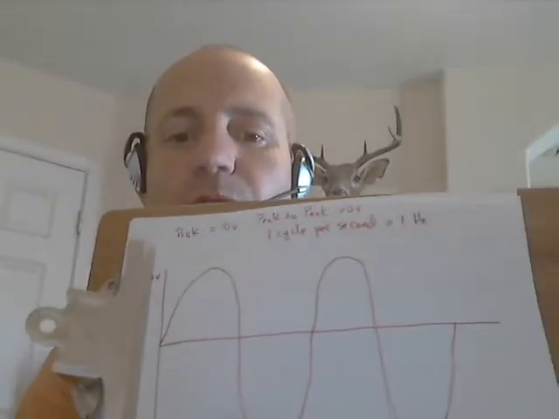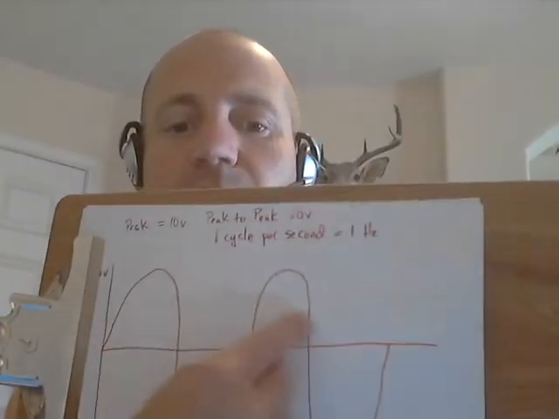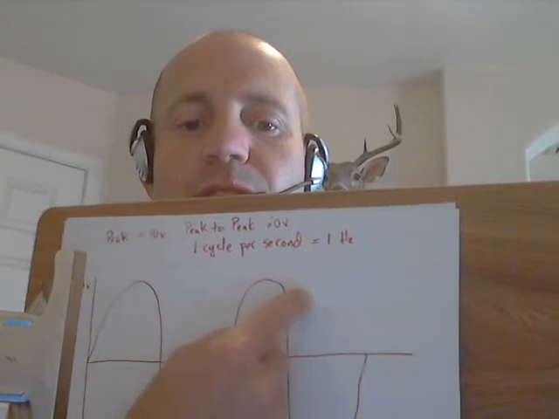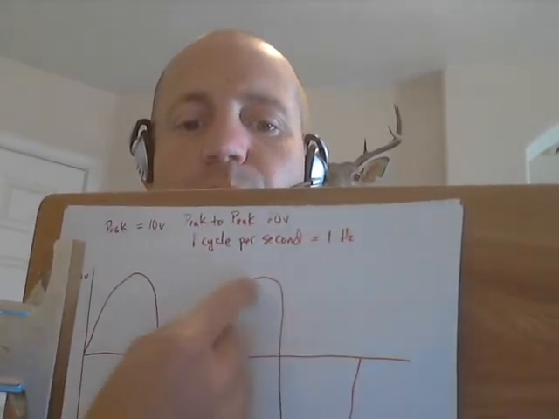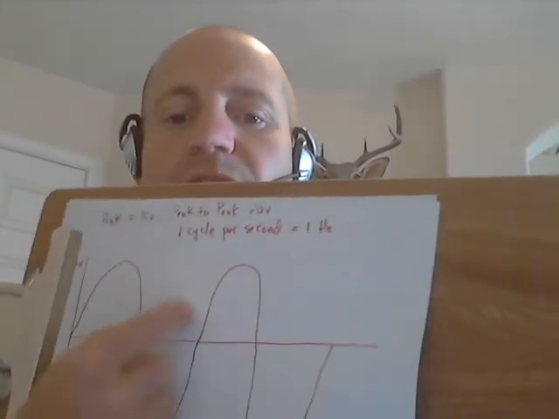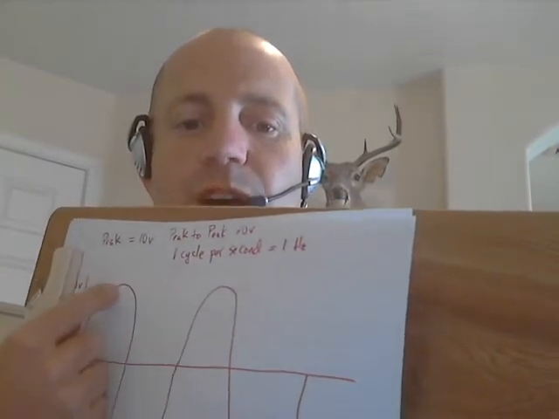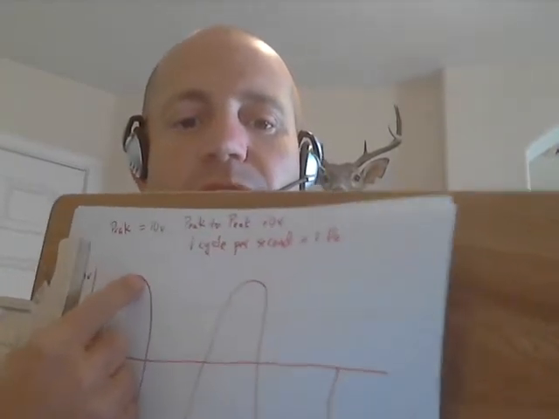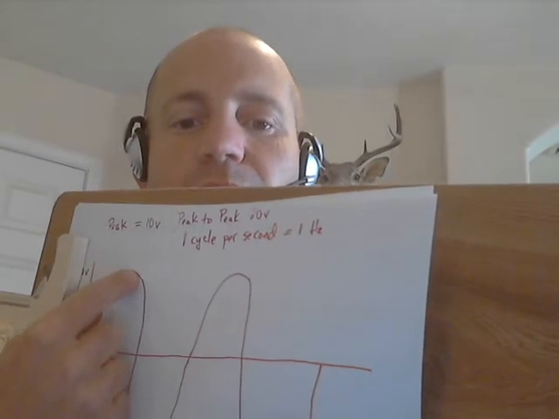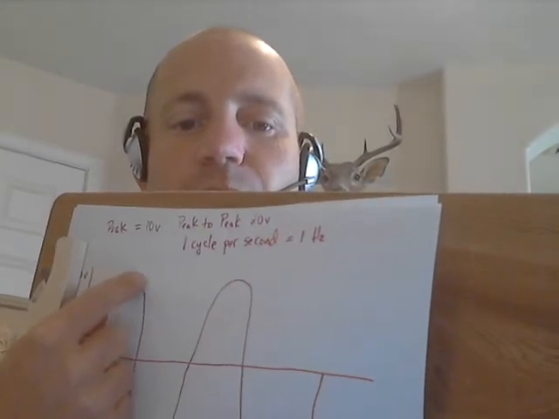We talked about how this voltage could be represented, unlike the DC, where we have a straight line because we have a voltage that remains constant. With AC voltage, it's always changing, so it goes up to its maximum value on the positive side, and only remains at that level for a second.